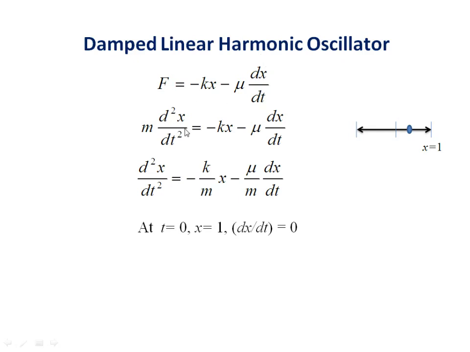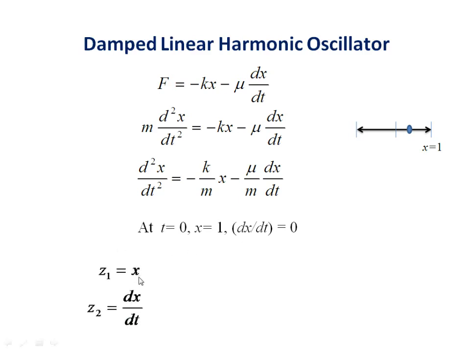So according to Newton's law, F is equal to m times d2x by dt square. And if we solve for d2x by dt square on the right hand side, it will be equal to minus k by m times x minus mu by m times dx by dt. These are the initial conditions, same as in the earlier case.